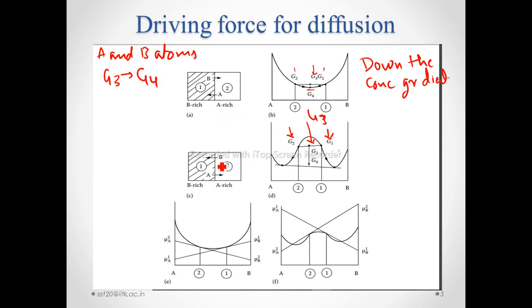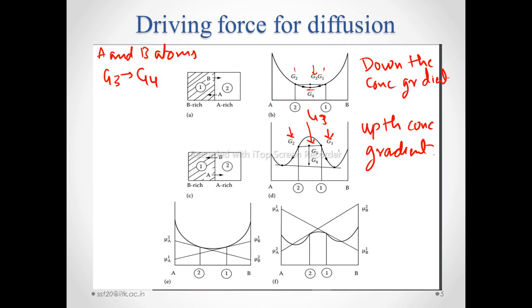Here the diffusion of atoms takes place from lower concentration to higher concentration. That means this is the A rich region and this is the B rich region, and the atoms move towards their own rich regions. Hence we can say the diffusion takes place up the concentration gradient. Correct?